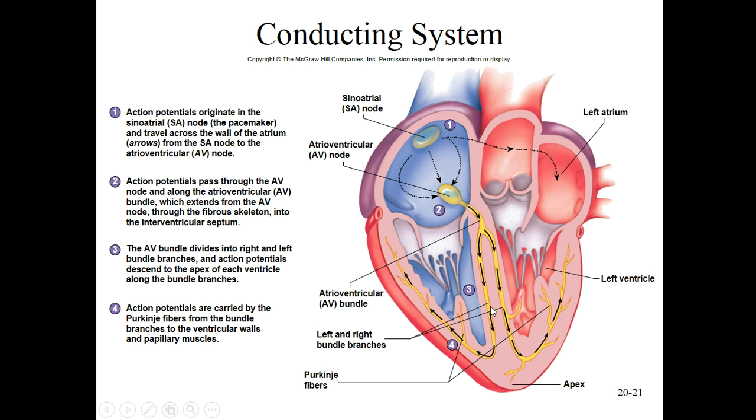The electrical activity is contained, and so the ventricles are not excited with electrical activity until the signal reaches the very ends of these little things. So what is this? The AV node. What's this? The AV bundle, which splits into right and left bundle branches. And then the tiniest little ones, Purkinje fibers, sort of like lower motor neurons. This is really where the electrical activity will excite the muscle contraction.